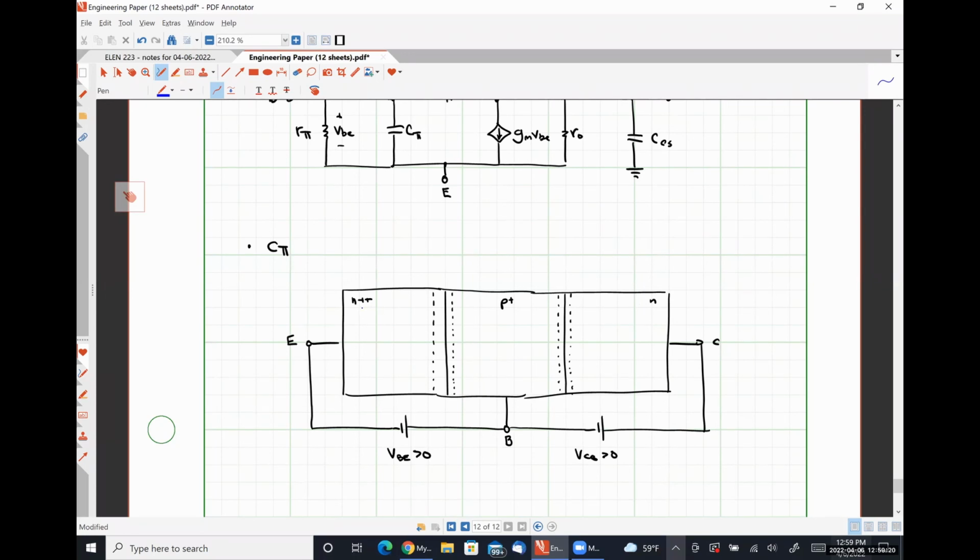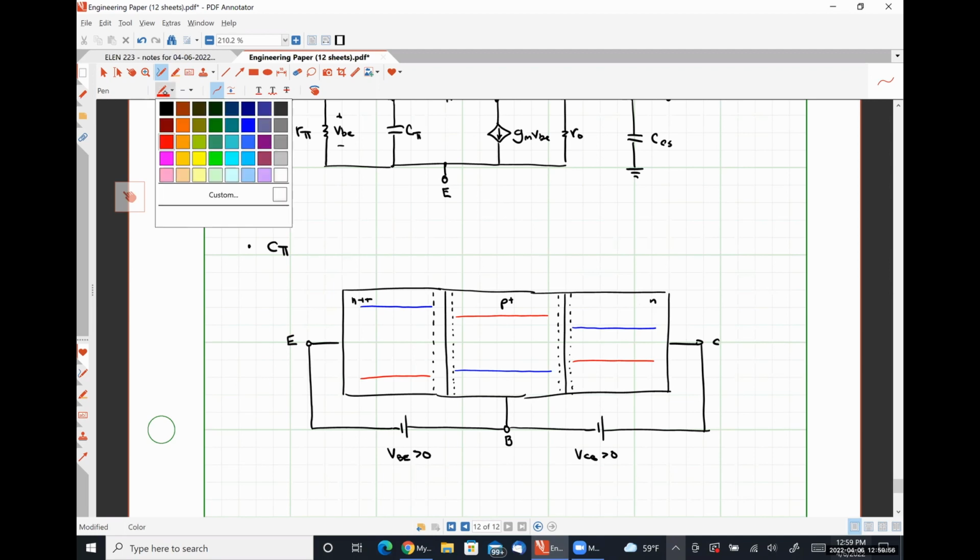So if we look at concentrations here, the blue line is representing electron concentration, and the red lines are representing hole concentrations in each of these regions, okay?